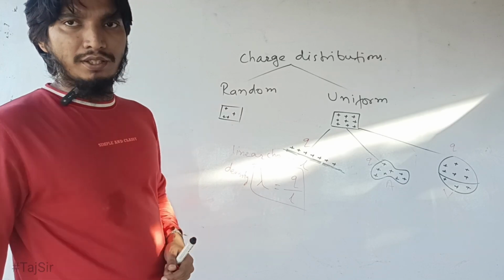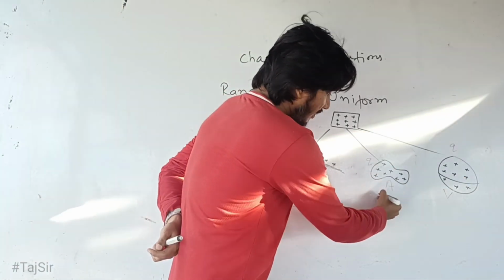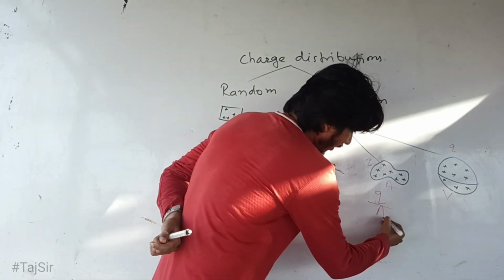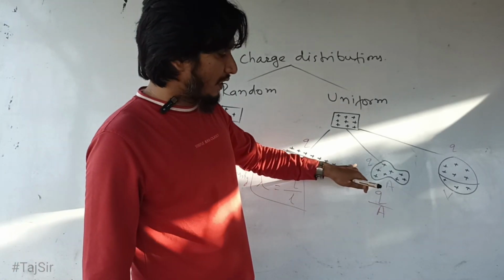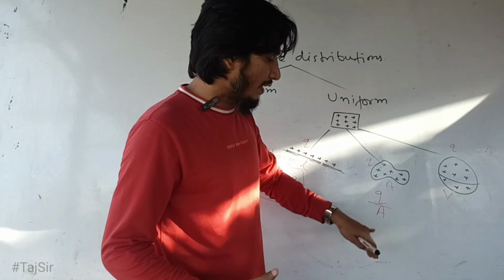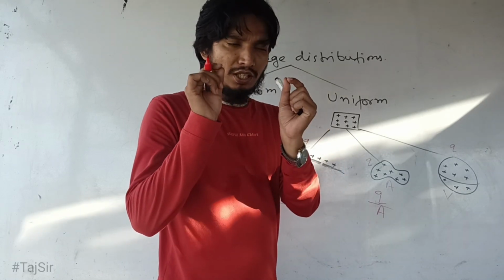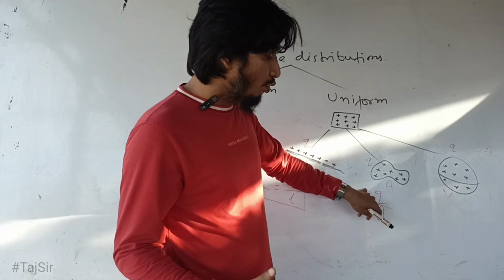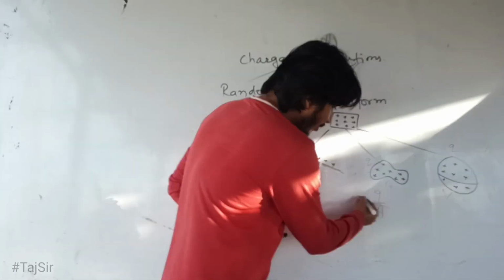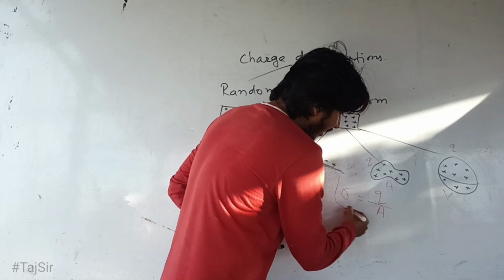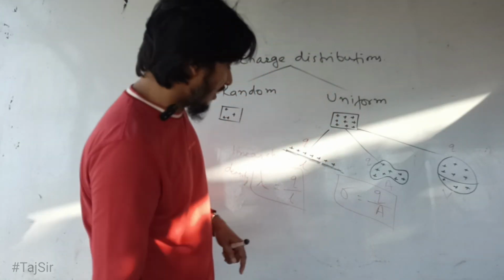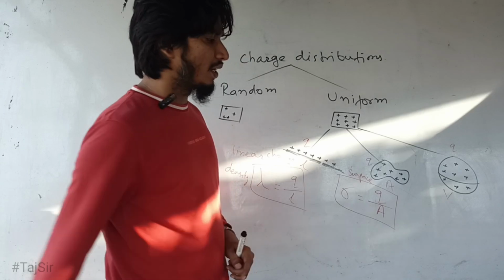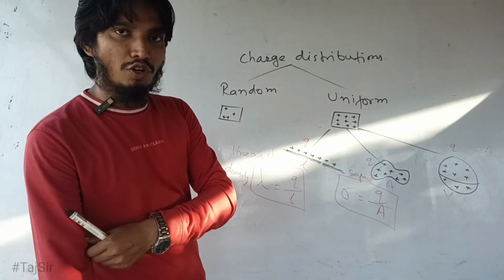In a similar manner, we can say charge Q is uniformly distributed throughout area A. If we take unit area, then what is the amount of charge present in that unit area? That is Q by A, and this is known as surface charge density. And what about that solid?